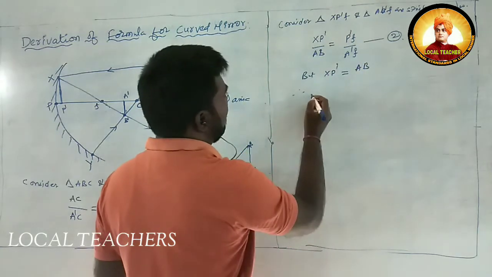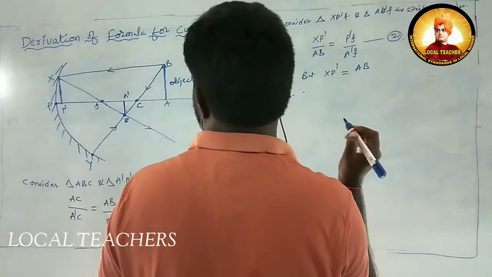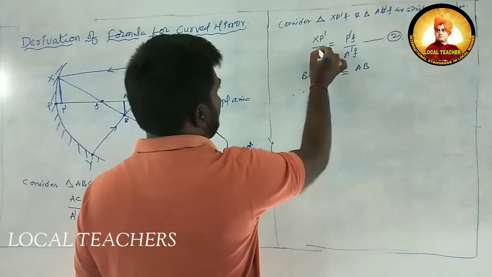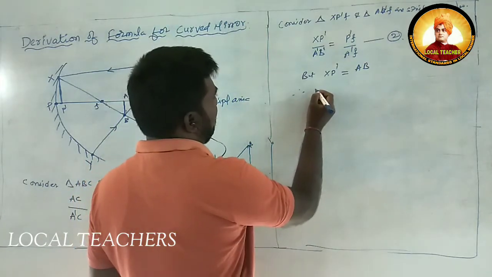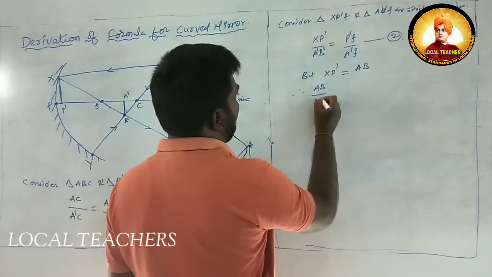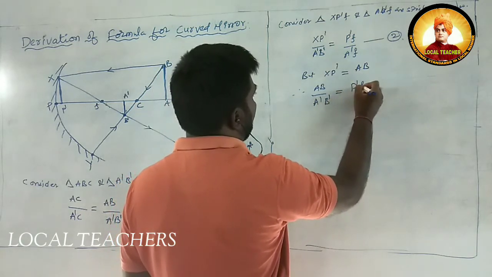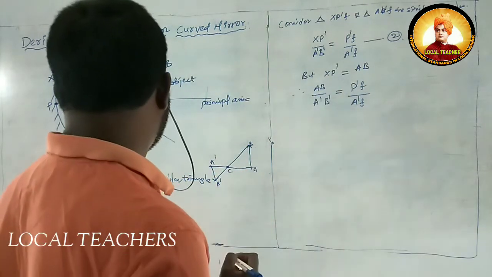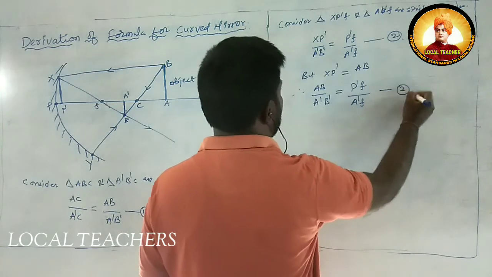Therefore we can write AB by A dash B dash equals P dash F by A dash F. Consider this is equation 3.